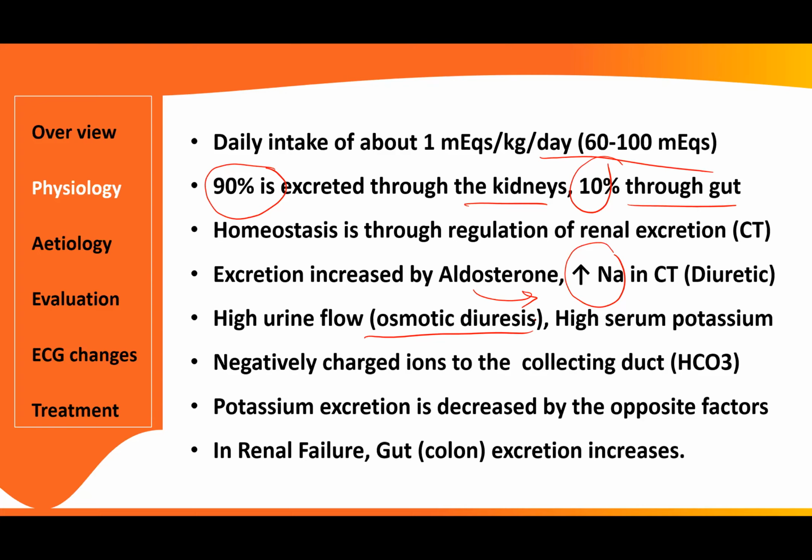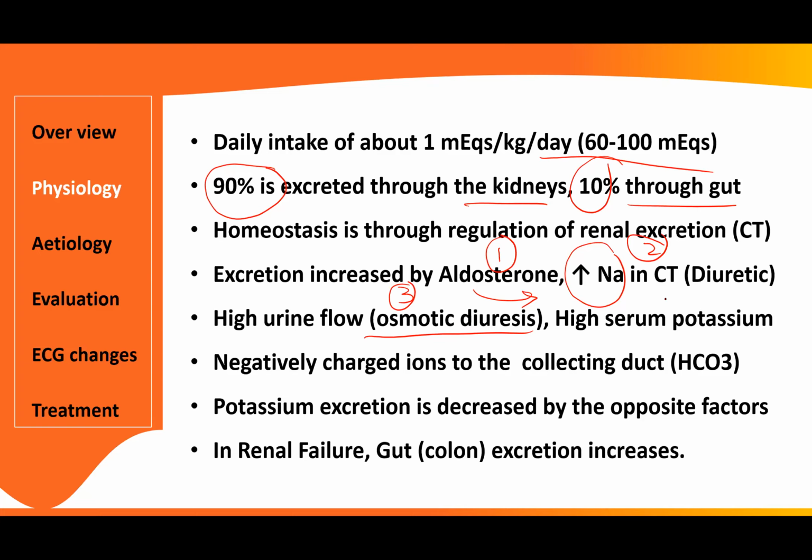So now we have how many? One, aldosterone, where sodium is conserved and potassium is excreted. Two, when you use diuretics, more sodium is presented to the collecting ducts, and in exchange potassium is washed out. Three, whenever there is osmotic diuresis due to osmotic substances like ketones or glucose or mannitol.